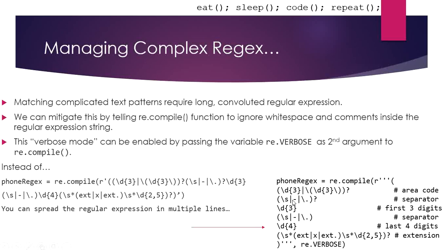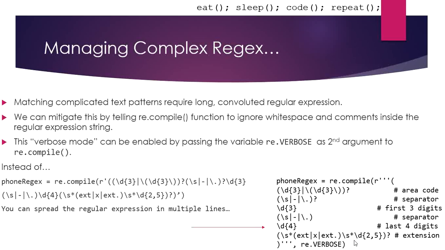In curly brackets we are writing 3, instead of writing \d\d\d, which is one of the things we learned in the previous video. Then we have an extension, that can be 2 to 5 digits.